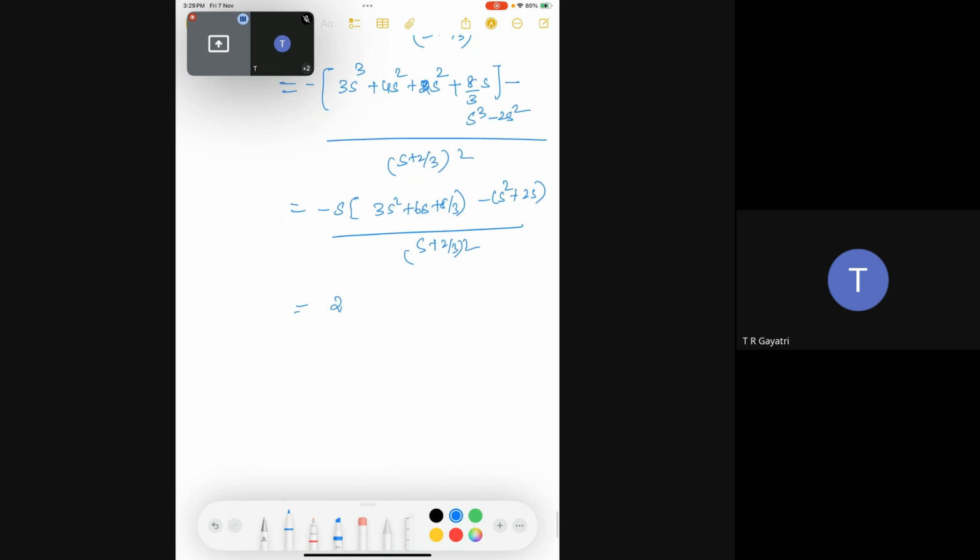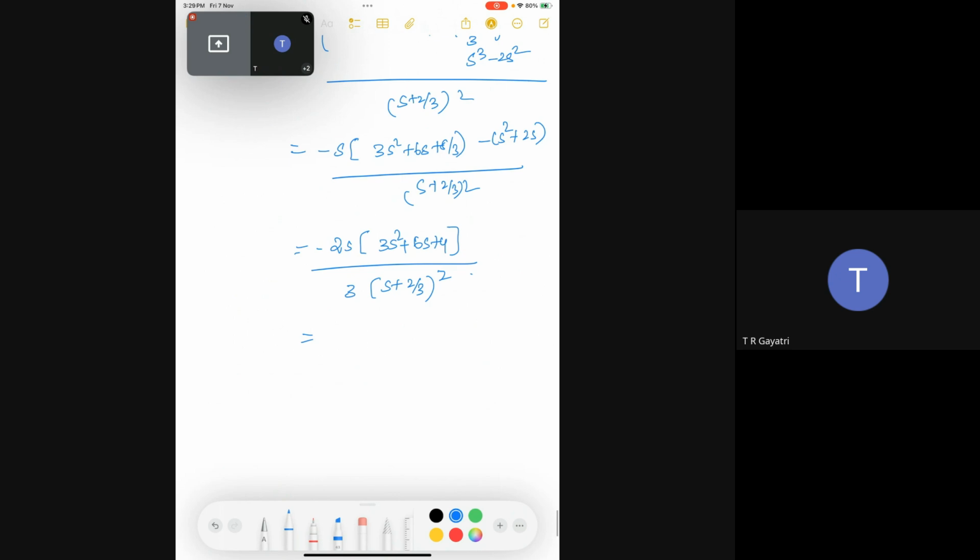If I take another 2 as common, 3s square plus 6s plus 4 by 3 into, if I take 3 from below, whole square.